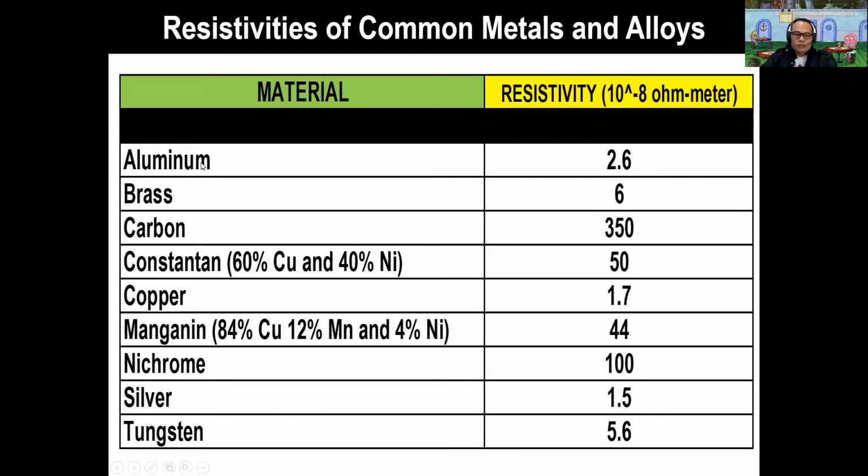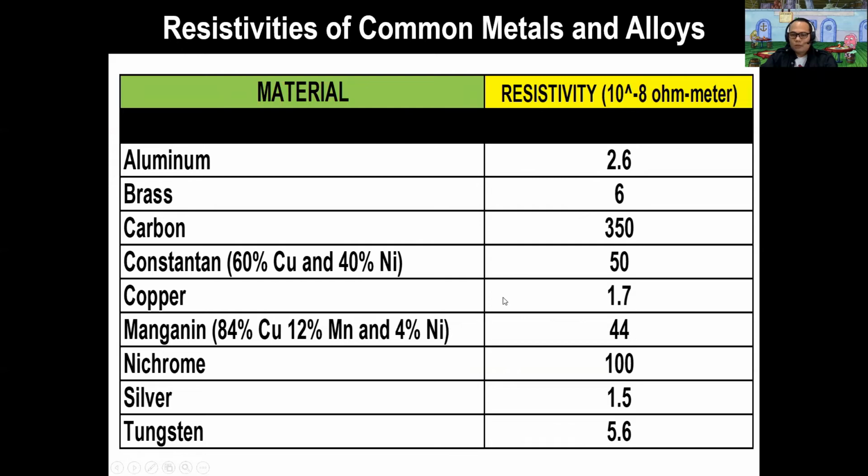And for the materials, we have aluminum, it's 2.6. Again, the resistivity here is expressed in 10 to the negative 8 ohm meter. So for aluminum, it's 2.6. For brass, it's 6. Carbon is 350. Constantan, an alloy composed of a mixture of 60% copper and 40% nickel, has a resistivity of 50.